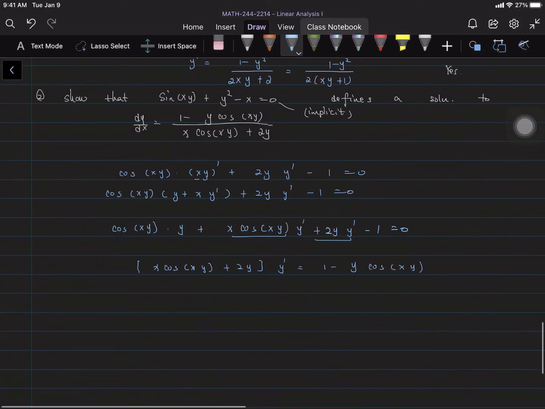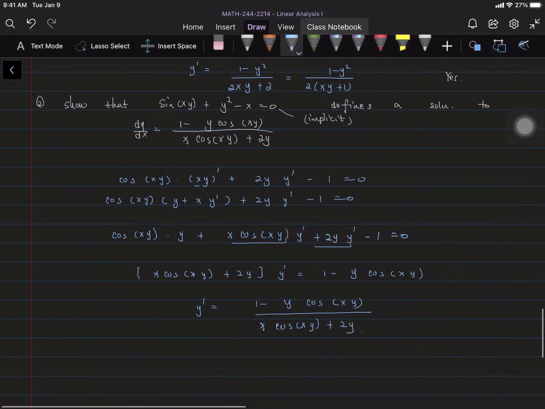And divide by the coefficient of y prime. Let's see if this is the same as before. Given the differential equation, yes, they are the same thing. So this is a solution. Okay.